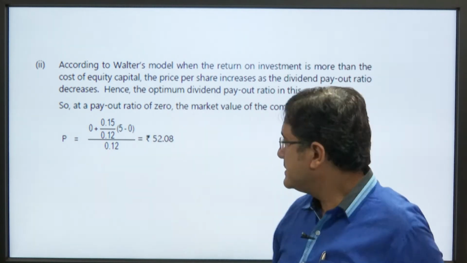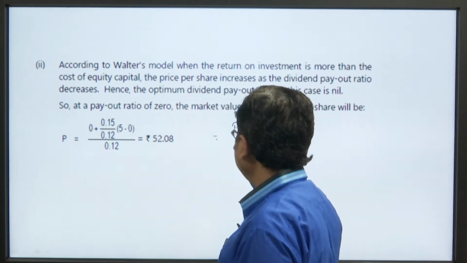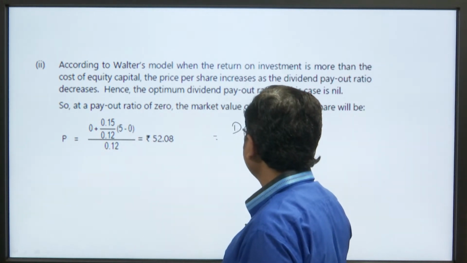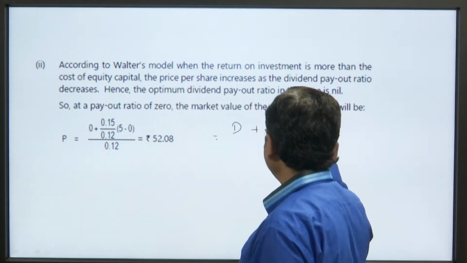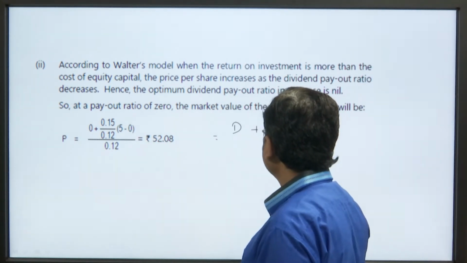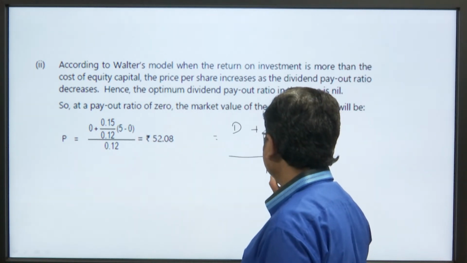So, D is 0. What is the formula? D plus R into E minus 0, divided by KE, whole divided by KE.